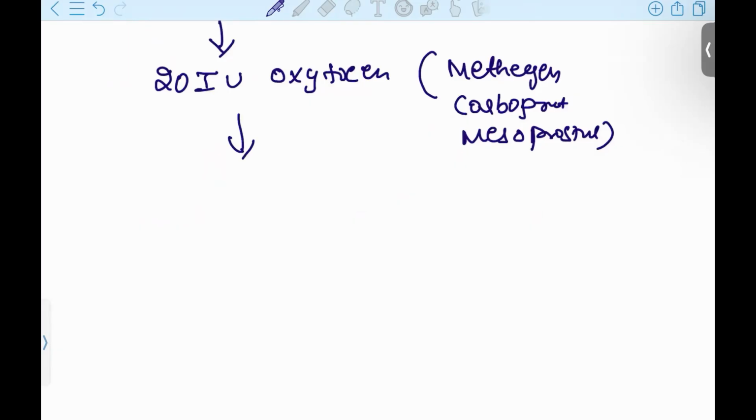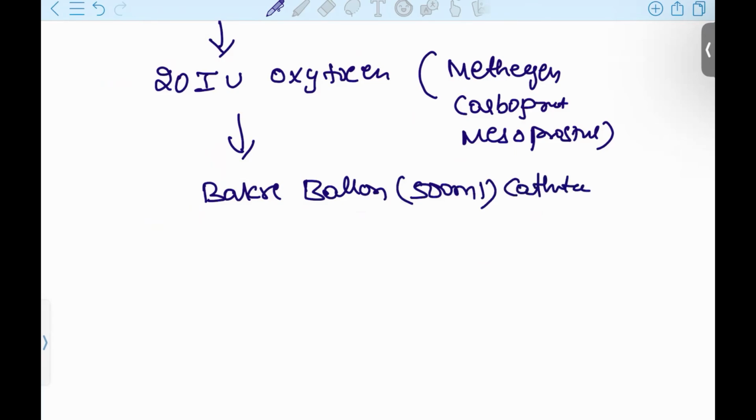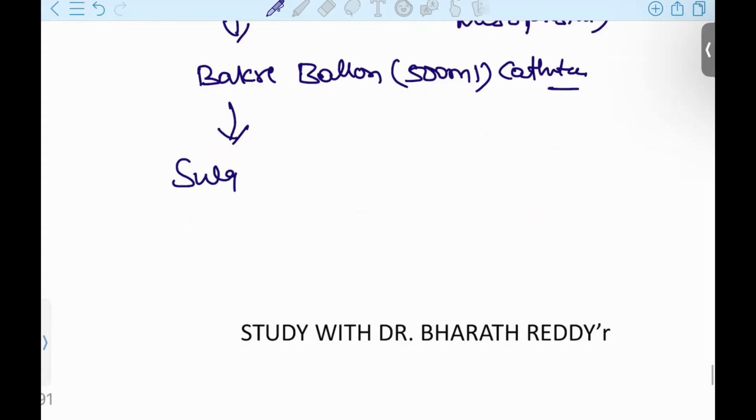Then if it is still not controlled by the drugs, we have to intervene with the Bakri balloon catheter. Okay, for this, at least 500 ml of water should be filled in the balloon catheter to control the bleeding. Then if it's still not controlled, go for the surgical options. B-Lynch sutures should be applied tightly to the uterus.